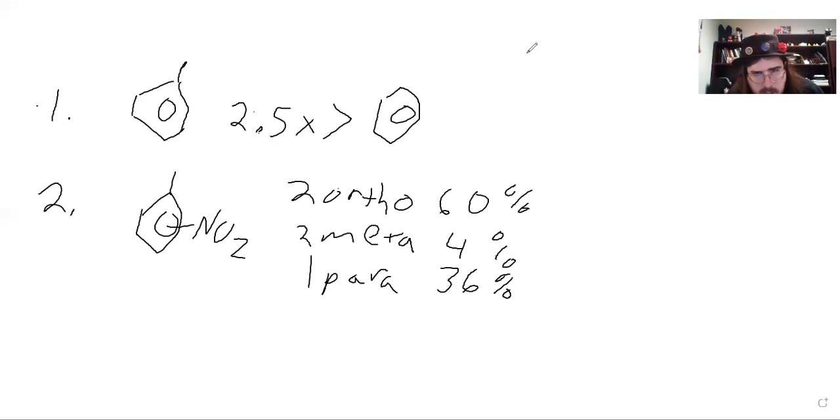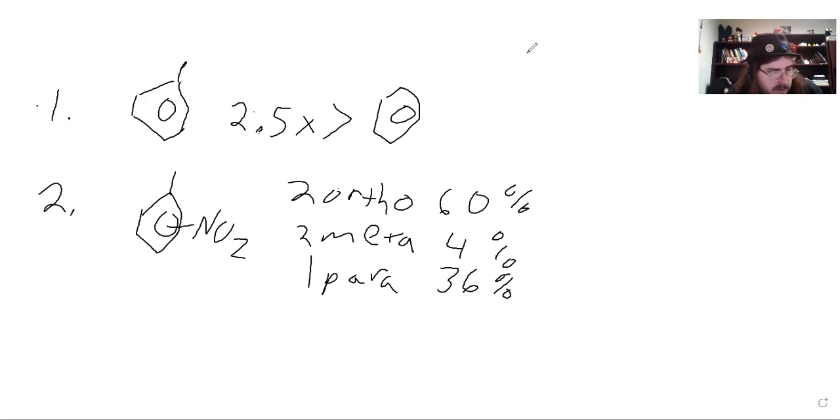Instead, each ortho is essentially 30% of the product. Para is higher than ortho because of sterics, but you would not expect meta to be so low.